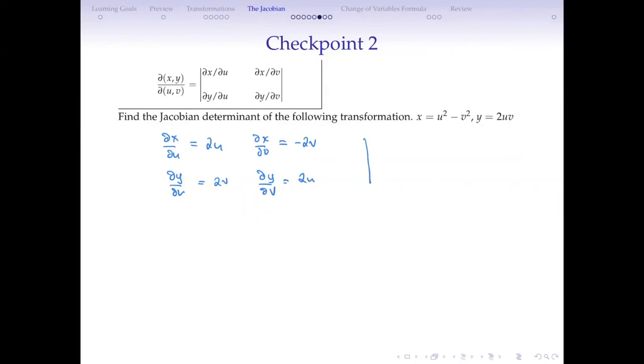So the Jacobian determinant is what I get when I put these derivatives into a 2x2 matrix and evaluate the determinant. That's going to be 4u squared, and taking account of the minus sign, plus 4v squared, or 4 times (u squared plus v squared). So in this case, the Jacobian determinant depends on u and v.